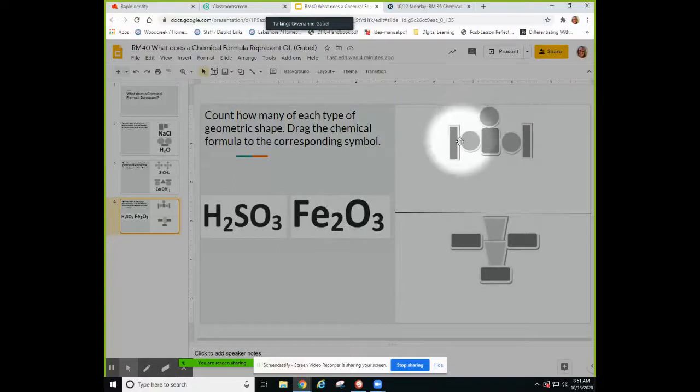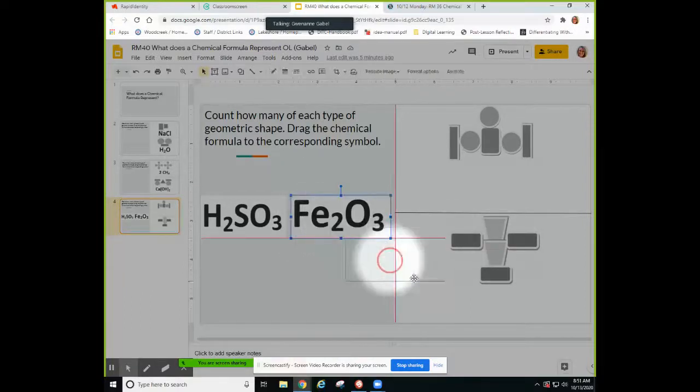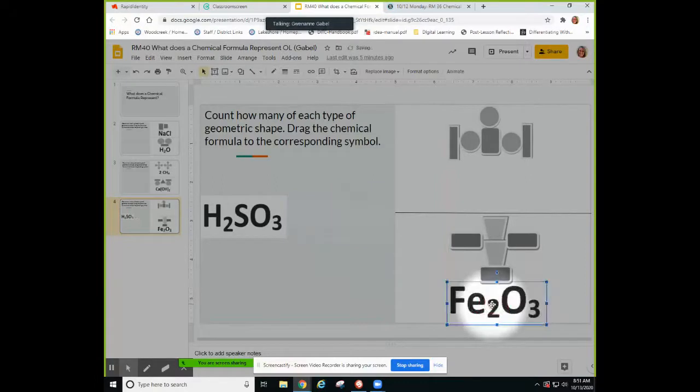So if we go to this first picture and we count the shapes, we have 1, 2, 3, 4, 5, 6. And this model has 1, 2, 3, 4, 5. So this compound had 5 total atoms, and this compound had 6 total atoms.